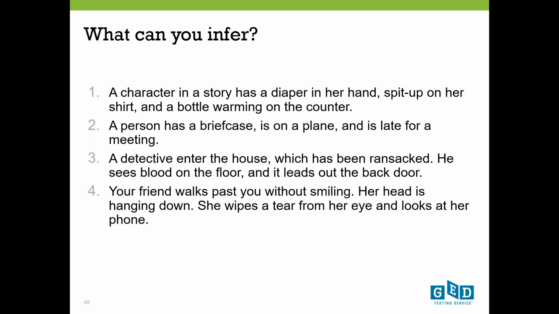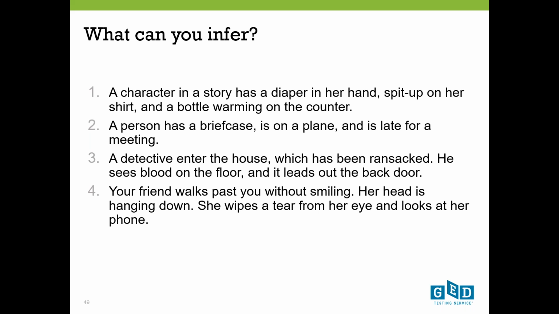I have a detective who has entered the house, which has been ransacked. He sees blood on the floor, and it leads out the back door. Well, he knows that a crime has been committed. You have a friend who walks past you without smiling. Her head is hanging down. She wipes a tear from her eye and looks at her phone.